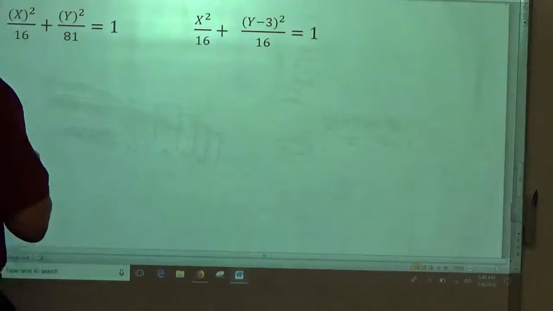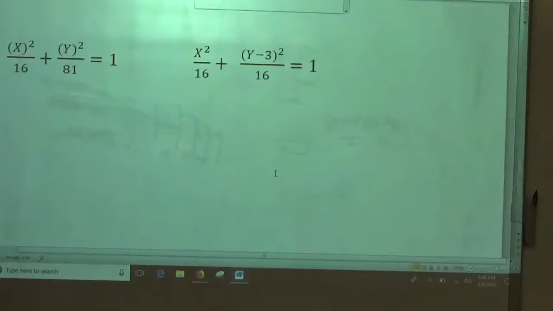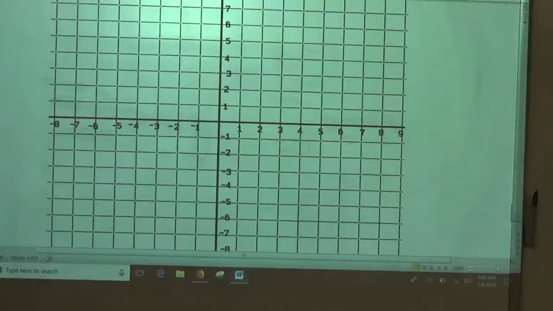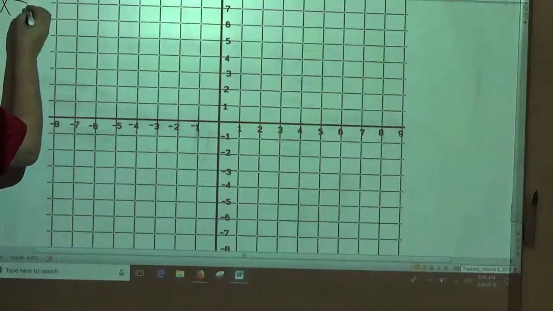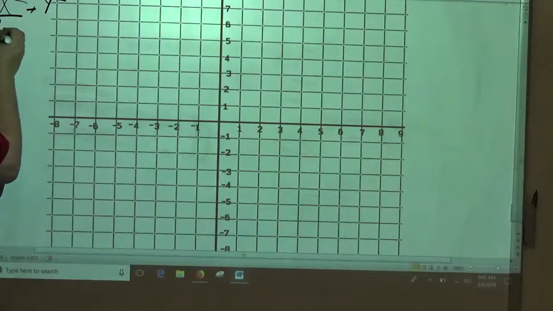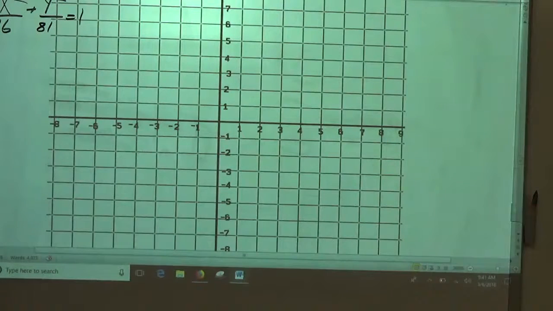So I'm going to start with this one graphing. So that was x squared plus y squared over 16 and over 81 equals 1.